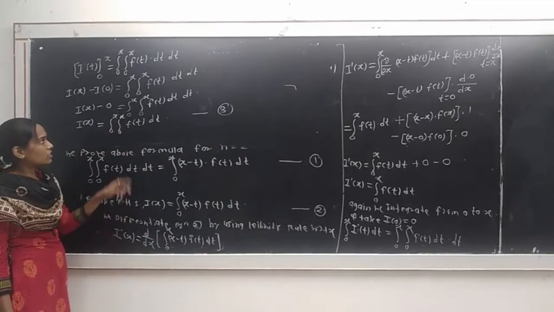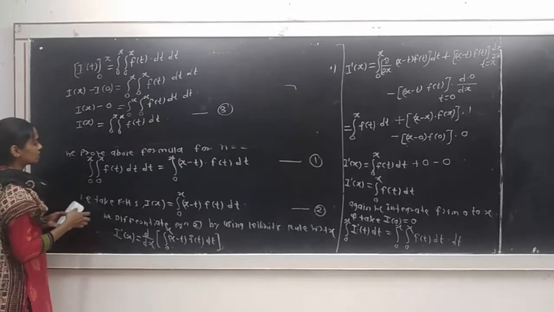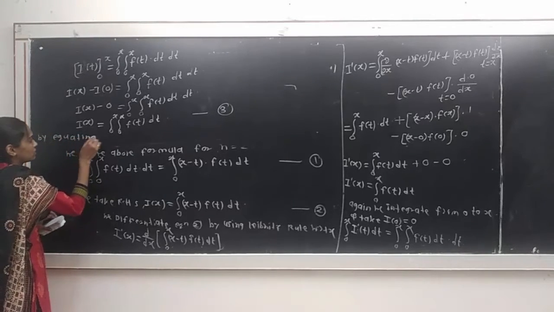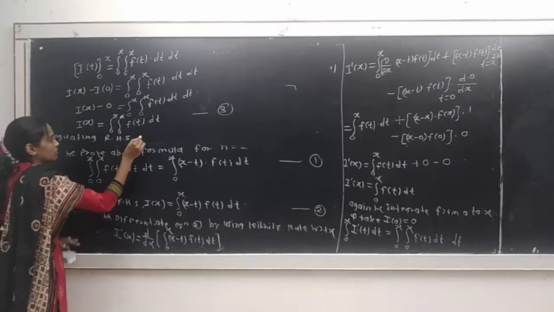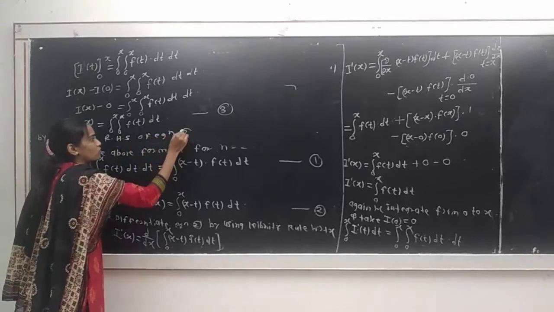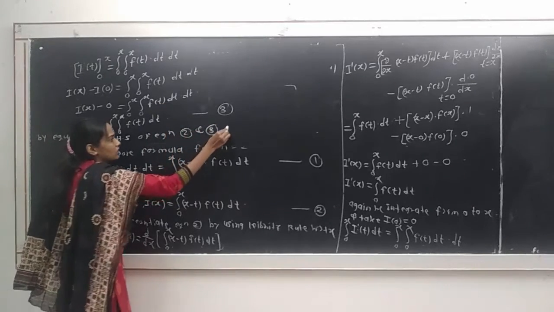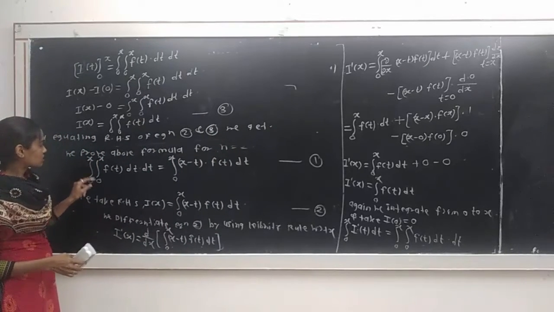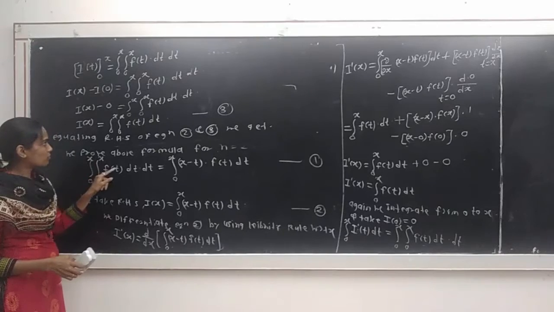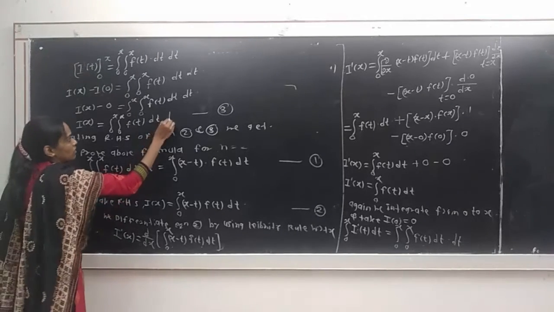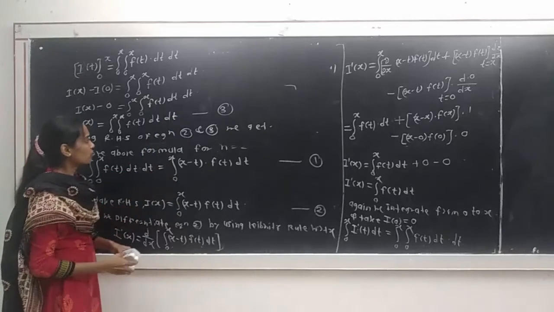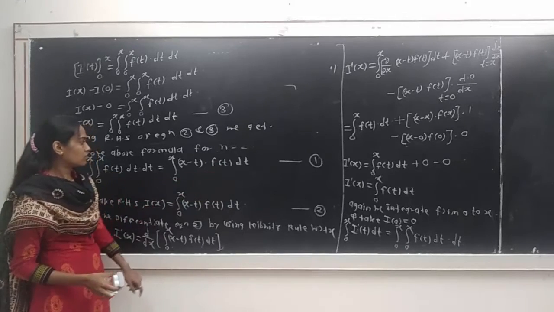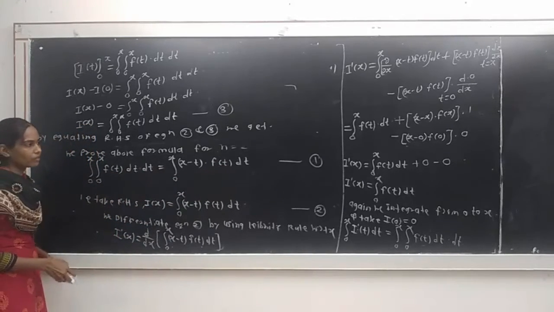Here the LHS are equal, therefore we equate the RHS. By equating the RHS of equations 2 and 3, we get the formula: integration from 0 to x, integration from 0 to x f of t dt into dt, is equal to integration from 0 to x of (x minus t) into f of t dt, that is the required formula.